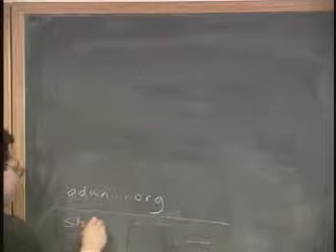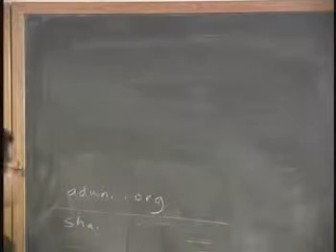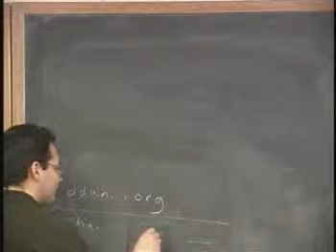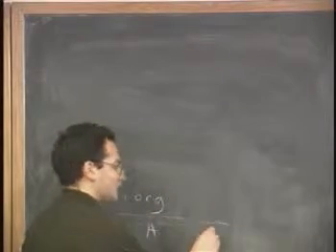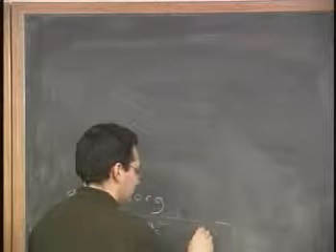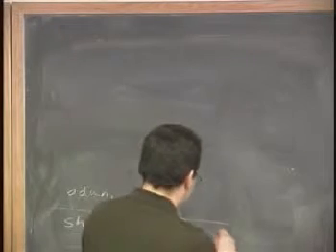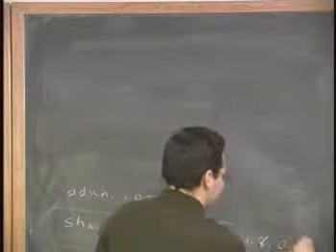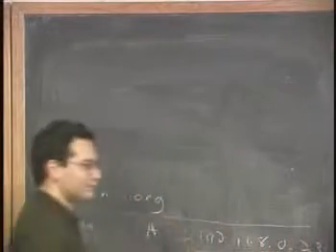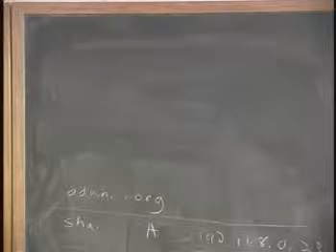So it might say Shai, and this would be, say, a record of type A, and it might give an IP address for Shai's machine. So I don't know, 192.168.0.23. It's one thing that might be in there.